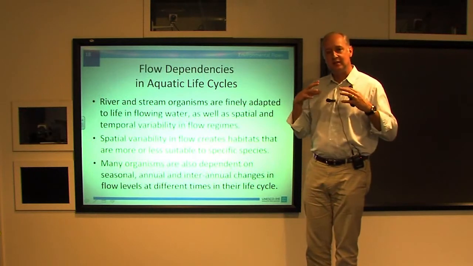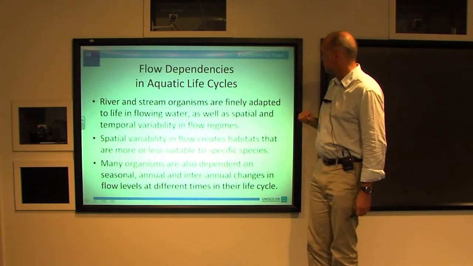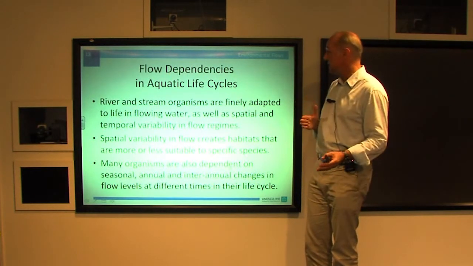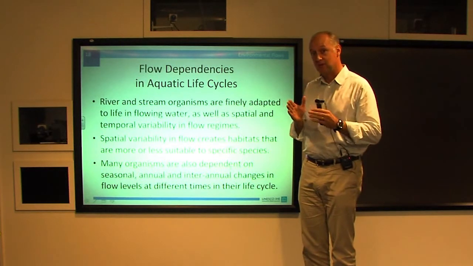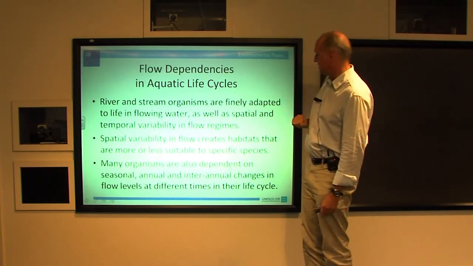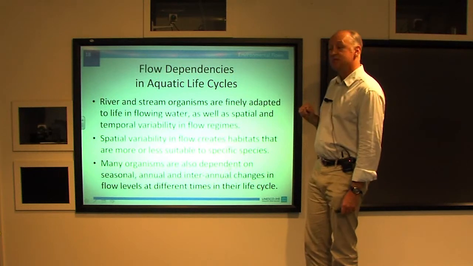So, as we summarize this section, we've seen that river and stream organisms are finely adapted to life in flowing water, as well as spatial and temporal variability in flow regimes, the high flows and the areas in which they can seek shelter. Spatial variability in flow creates habitats that are more or less suitable for specific species.